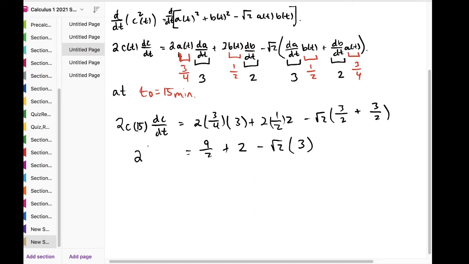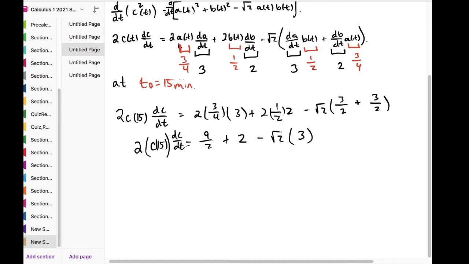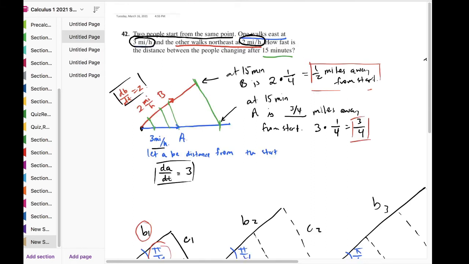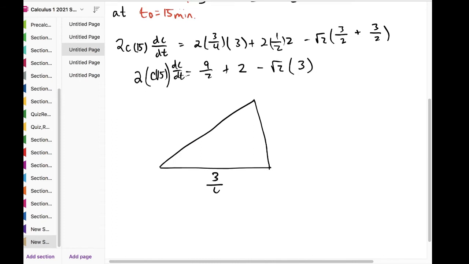So 2, c of 15, dc dt. Okay, so last thing we need to know is c of 15. So let's write out that scenario. At 15 minutes, what did we establish about a and b? We established that a was 3/4 and b was 1/2. And we know that the angle is pi over 4. What's c? How do we find c?